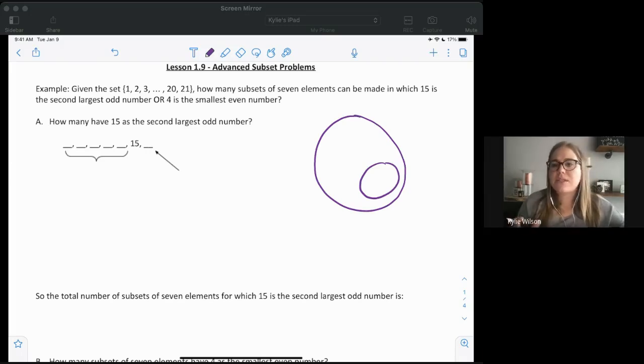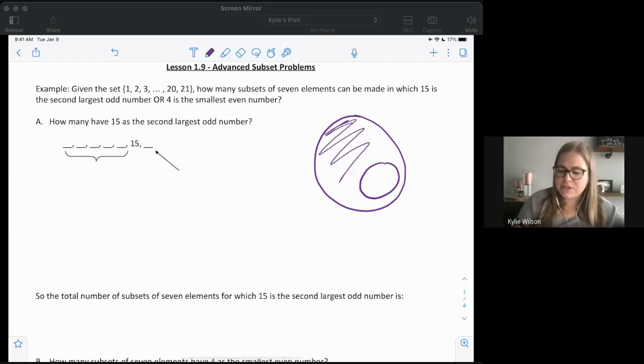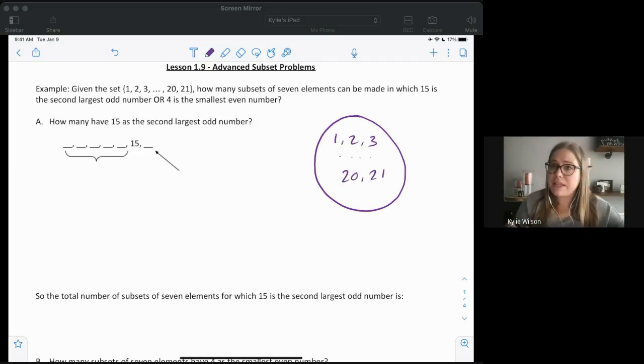Now, this is what I mean by a subset. All of the numbers 1 to 21 live in the big circle. 1, 2, 3, all the way to 21. They all live in this big circle.